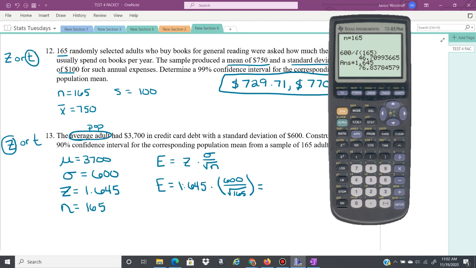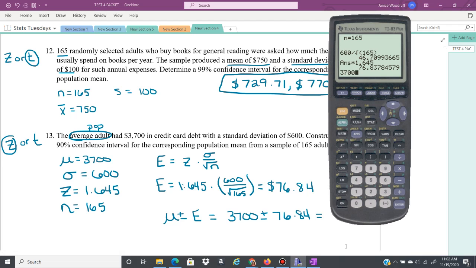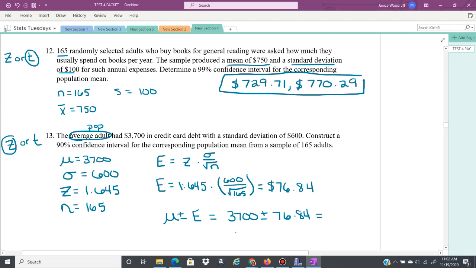So that'll give us 76.84. And then our confidence interval will be our mean plus or minus our margin of error. So here our mean is 3,700 plus or minus 76.84. So that will give us $3,623.16, $3,776.84.